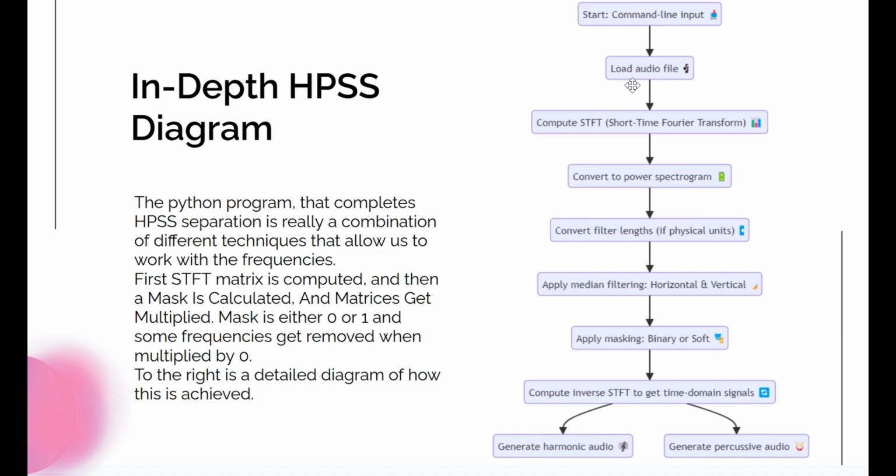In short, what it essentially does is it computes a short-time Fourier transform with the parameters that we pass to it through the command line input, and essentially it applies a mask.